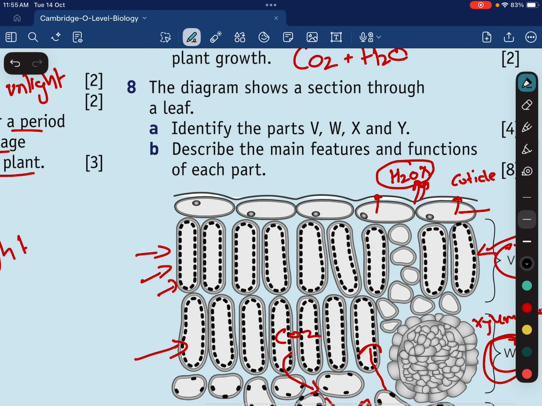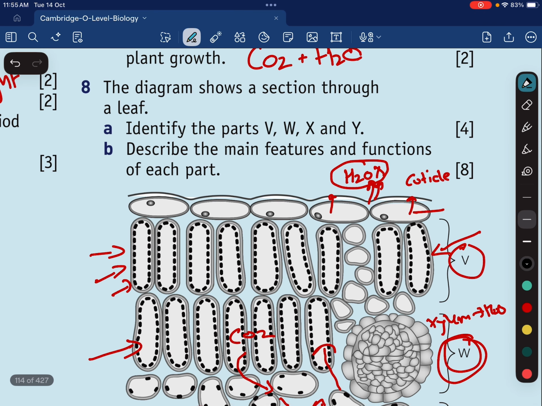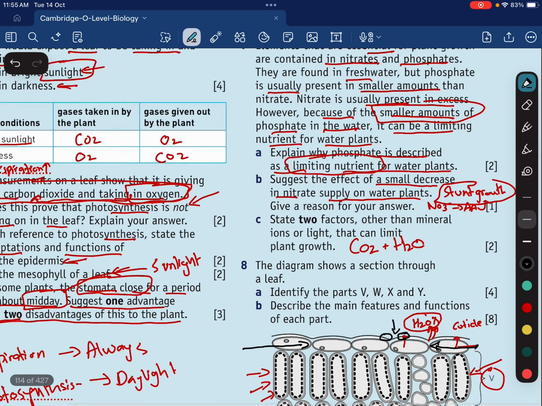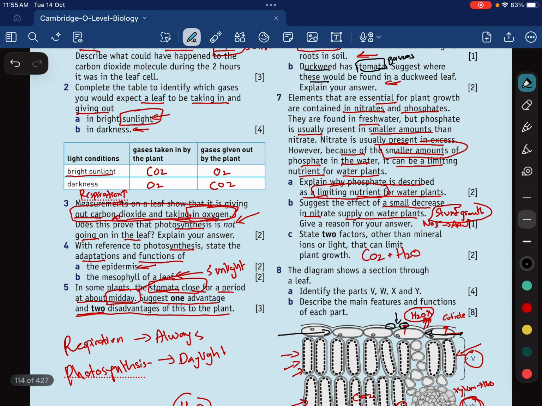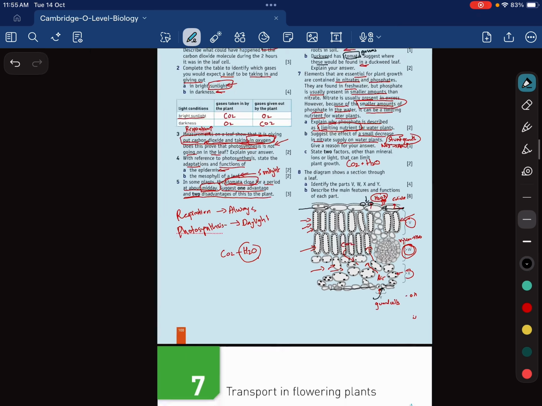But in duckweed, on the upper side of the leaf, next to the upper epidermal cells, the guard cells would be present like this, with an opening between them called the stomata. The reason I'm saying probably is because that's how nature would make the plant function.